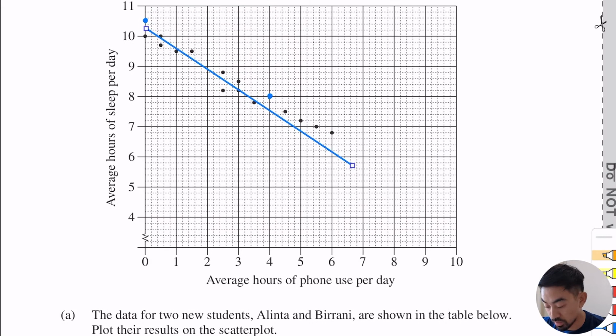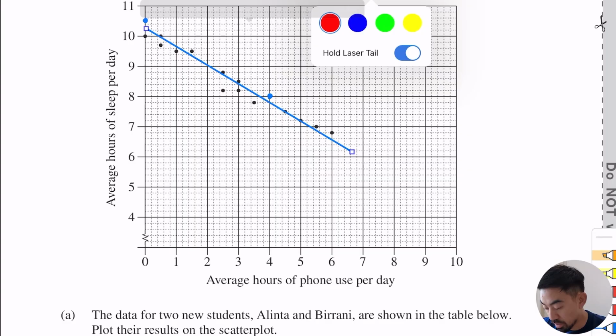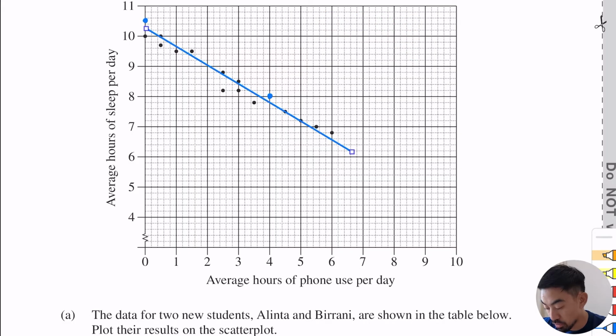So let's see if I can adjust this. Now I have 1, 2, 3, 4, 5, 6. 1, 2, 3, 4, 5, 6. Okay, I think that's a pretty good fit. So take a bit of time when you're actually in the exam doing this thing.